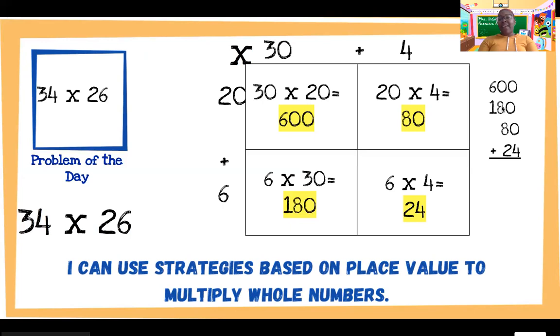In my tens, I've got 8 plus 8, which is 16, plus 2 more, which is 18, so I'd write down 8 and carry a 1, and I'd add 6 plus my carried 1, which is 7, and another 1 would be 8. Therefore, my partial products add up to 884. This means that 34 times 26 is 884.